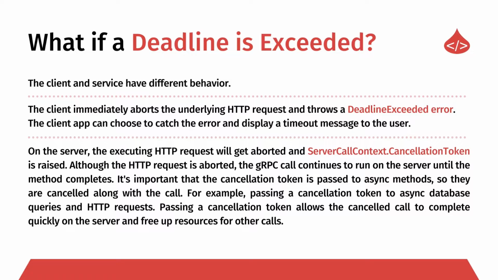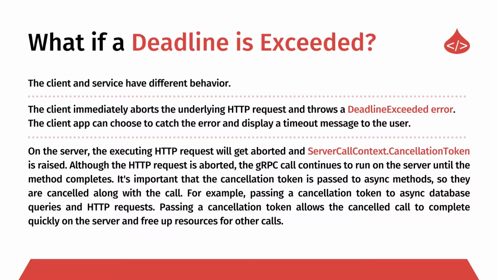Now on the server, the executing HTTP request will get aborted and the ServerCallContext.CancellationToken is raised. Although the HTTP request is aborted, the gRPC call continues to run on the server until the method completes. It's important that the cancellation token is passed to async methods so they are cancelled along with the call.